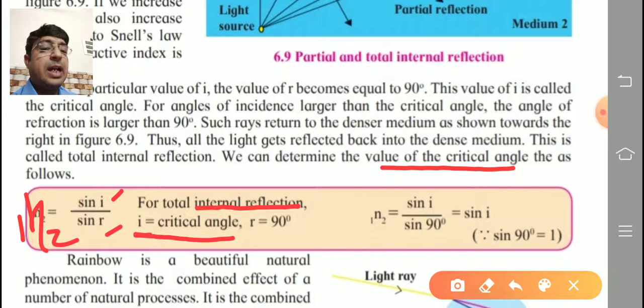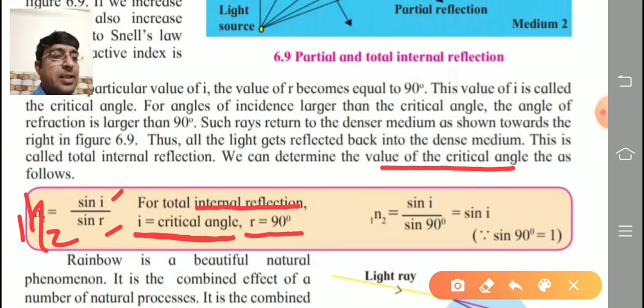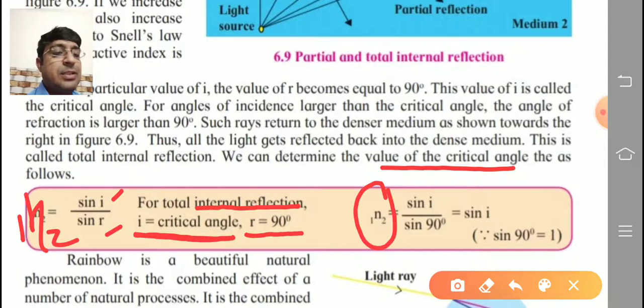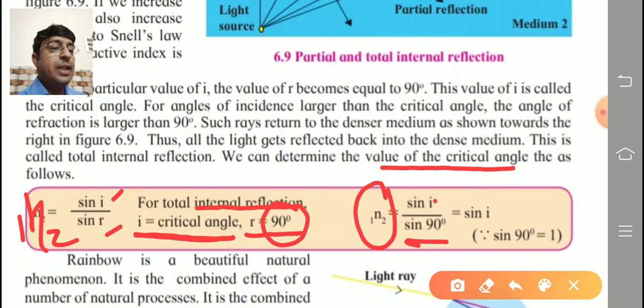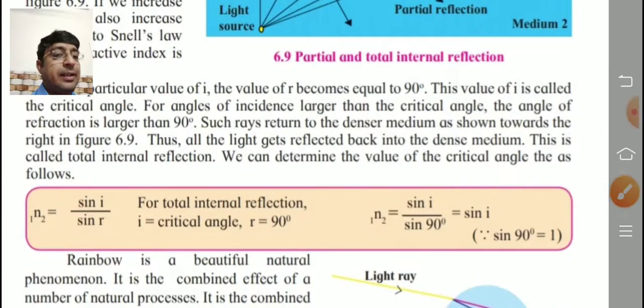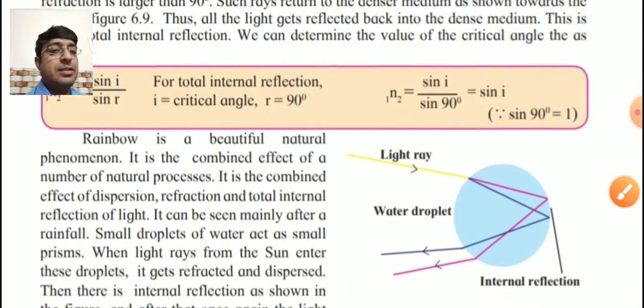The angle i is called the critical angle when the angle of refraction is 90 degrees. So what is the value of r? We substitute that here, and we know that as per trigonometry sin 90 degrees is 1, so we substitute. So sin i upon 1, the answer is only sin i. In this way we find the answer.